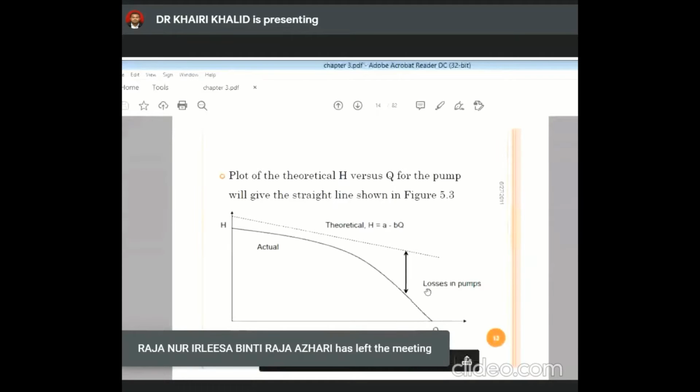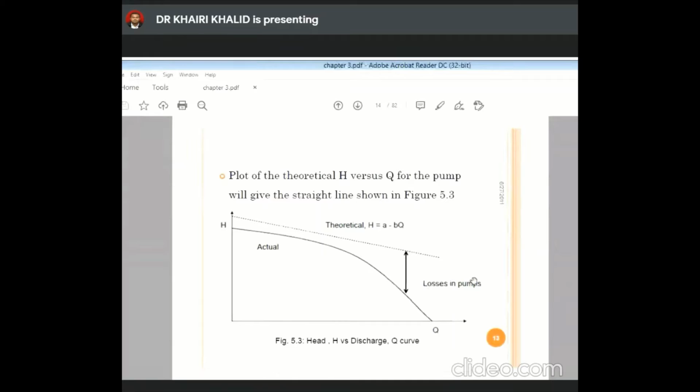Even though the pump increases the discharge and head, there are also losses in the pump, because the pump does not operate at 100% efficiency. This is common.